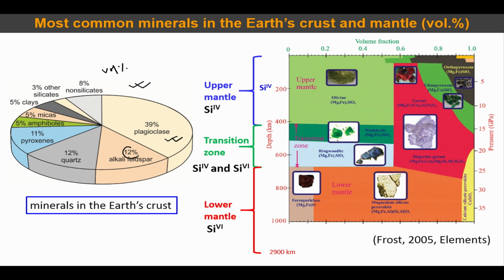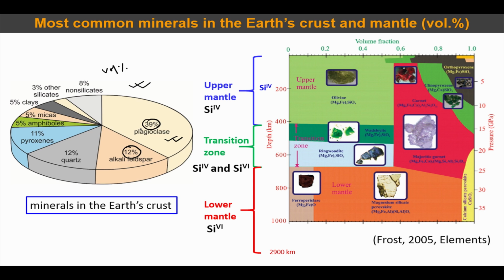If you combine these two feldspars present in the earth crust, it is more than 50%, about 51 volume percent. Why do you have 51% feldspar in the earth crust? Mainly because the most abundant elements in the earth crust are oxygen, silicon, aluminum, calcium and iron.